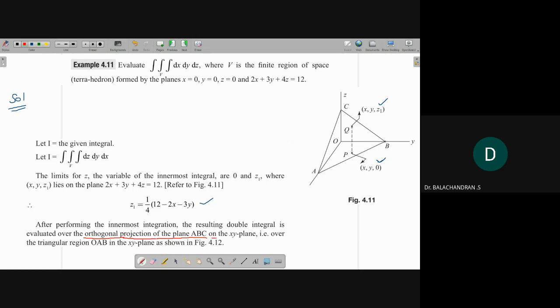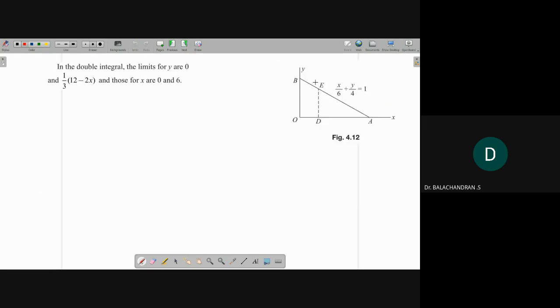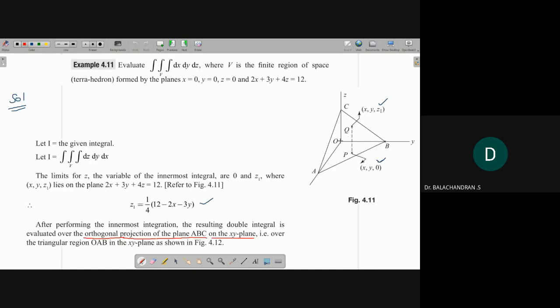I am going to project the plane ABC on the xy plane, that is, over the triangular region OAB in the xy plane, as shown in the figure on the next slide.